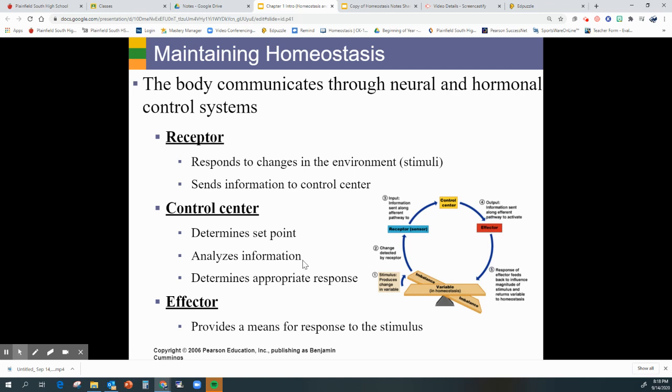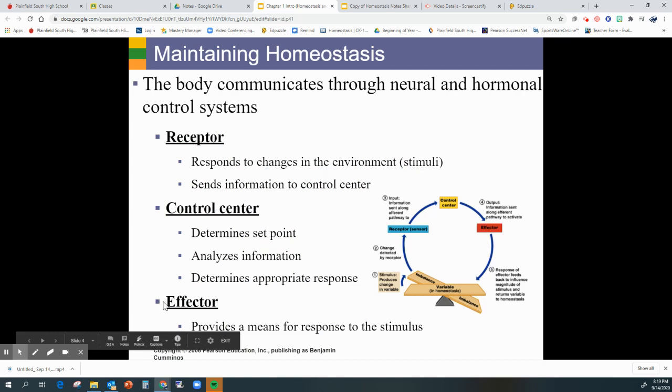The control center is going to analyze this information that's coming from the receptor, all right, and determine if there's some sort of action that needs to happen, or determine essentially what's called the appropriate response, right? If our body temperature is 98.6 degrees and the information coming from the receptor tells the control center that, it's not going to do anything. We don't need to do anything. Our set point is already there. But if it's out of whack, we need to be able to have some sort of response.